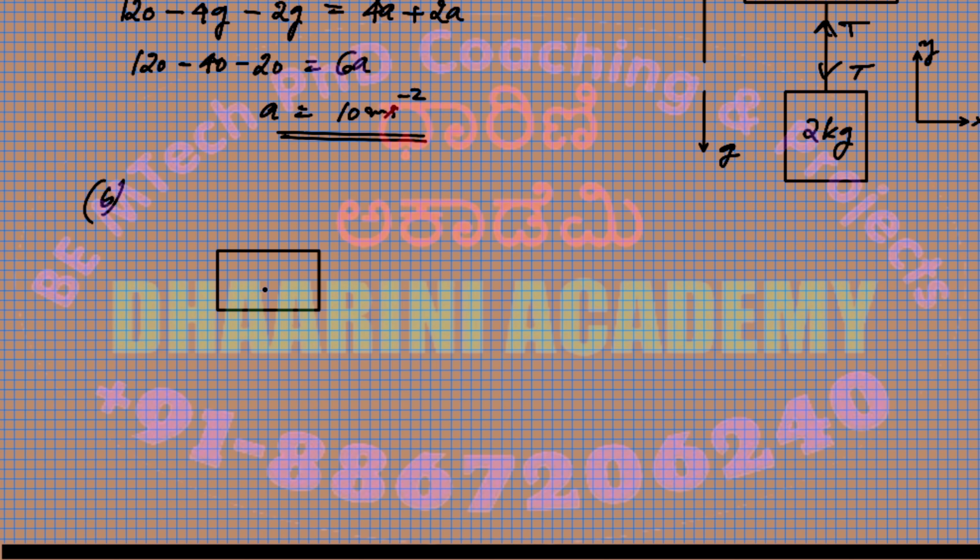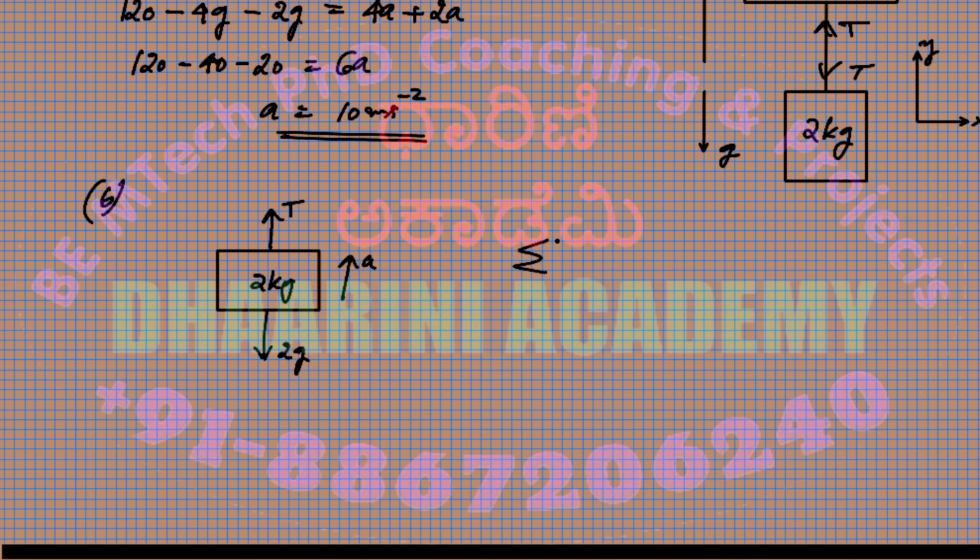So this is the 2 kg object, right? There is tension along this and there is a force acting upon this which is 2 times the gravity, and there is an acceleration which is moving upwards.